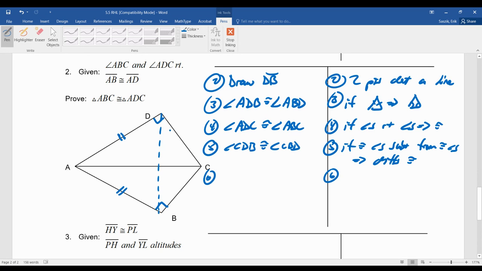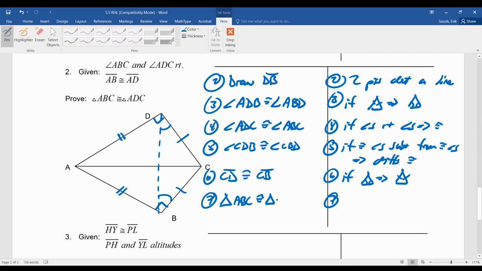And if we have this angle congruent to this angle, now look at this triangle here. We can say if angles, then sides. And we can now prove those big triangles congruent. Don't need the reflexive step because we can prove it by SAS. So that was kind of neat.